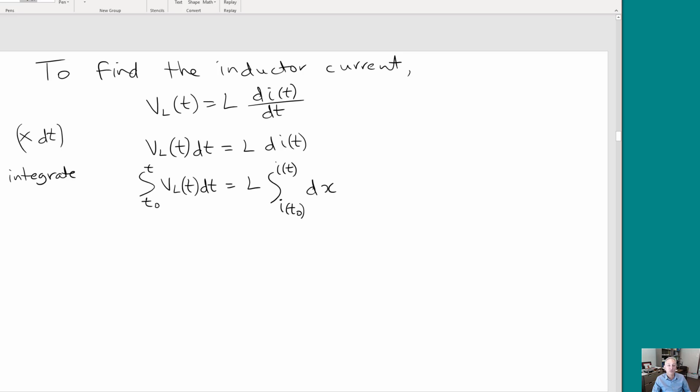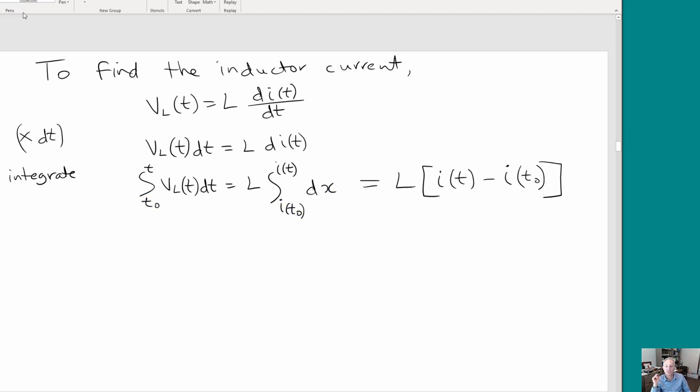Then if we integrate both sides, we use some arbitrary lower limit t naught, the initial time. On the other side, the integral is a function of current, so it goes from the initial current i(t naught), and we're doing the change of variable that we saw when we talked about capacitors, just to help us with our calculus.